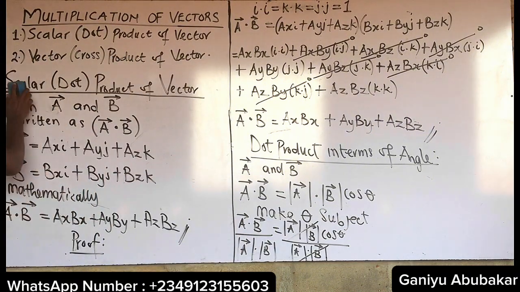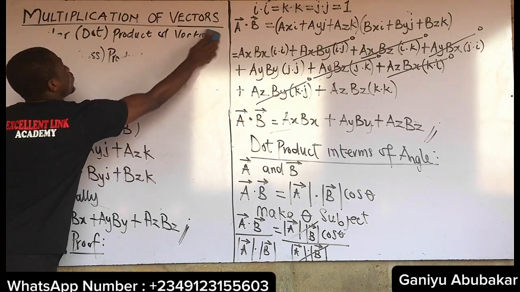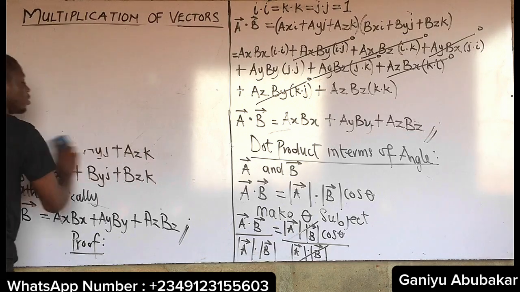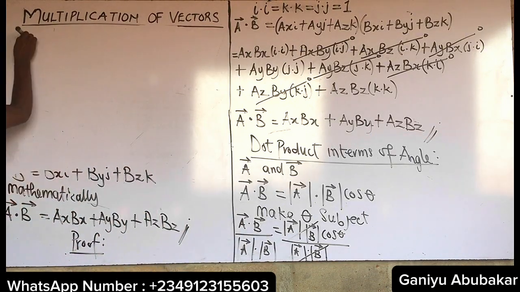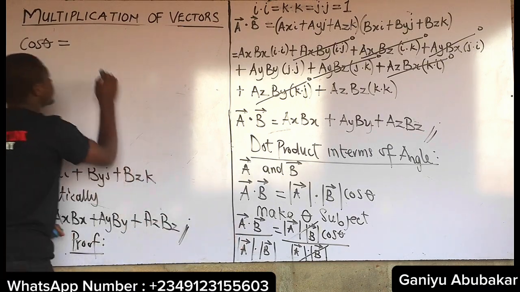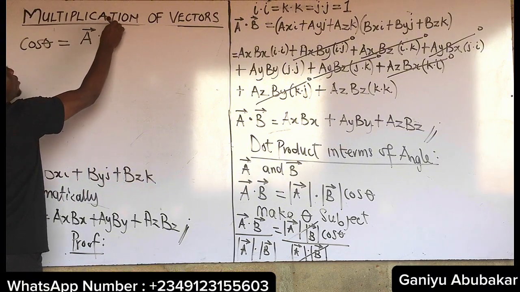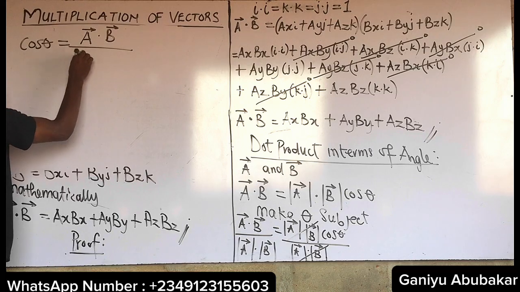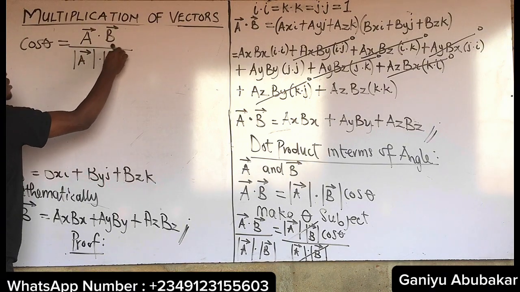So at this point, I will erase this one here. Take this one off. So I'll have cos theta is equal to the dot product of A and B all over the magnitude of A multiplying the magnitude of B, as in this case.